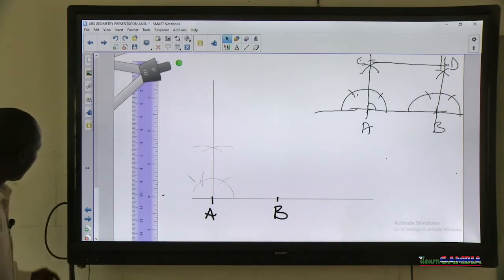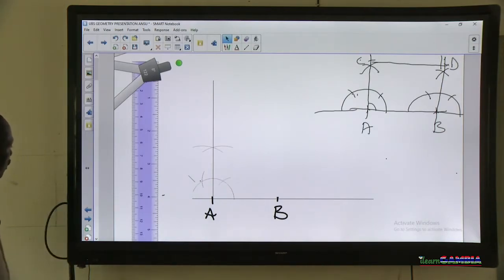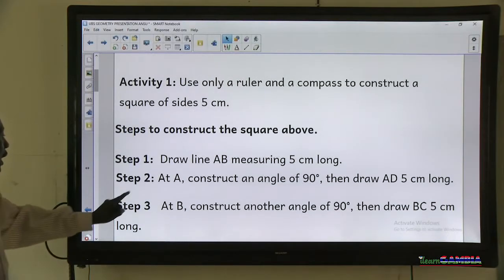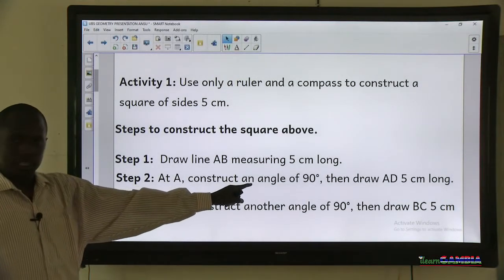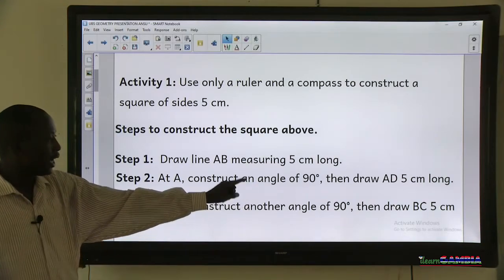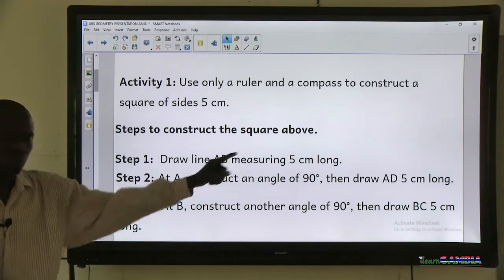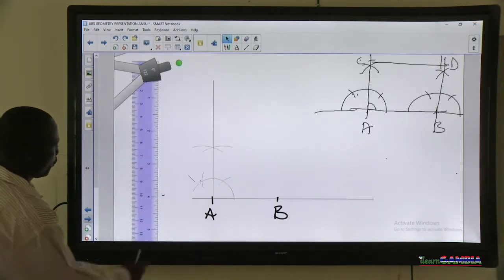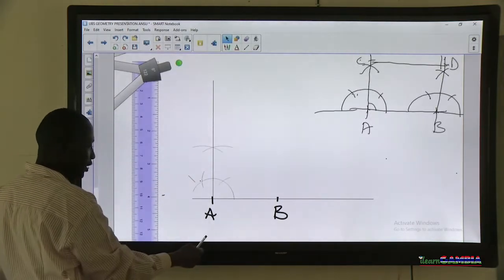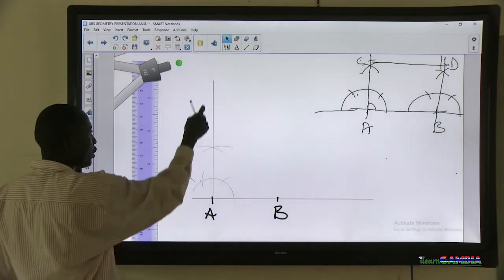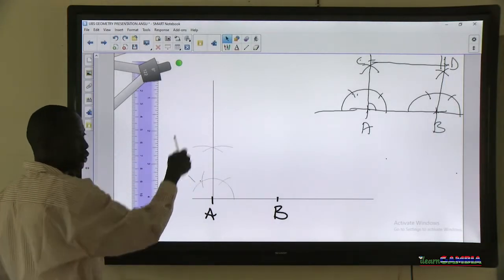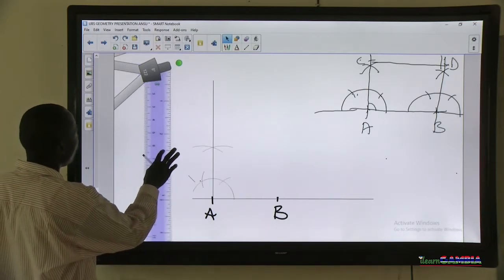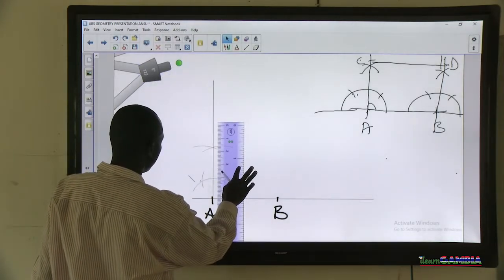Now what next? Let's go back to the steps. Step 2 says at A, construct an angle of 90 degrees, which we have just done, and then draw AD equals 5 centimeters long. Now we have constructed our 90 degrees. So from A to a point on the line should be 5 centimeters.